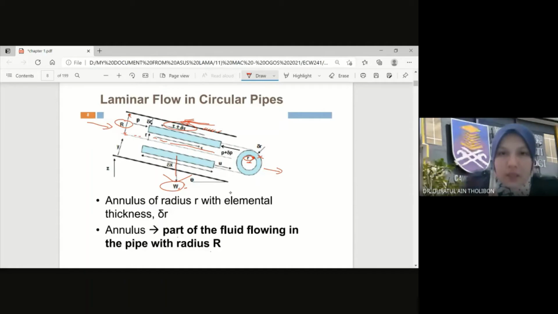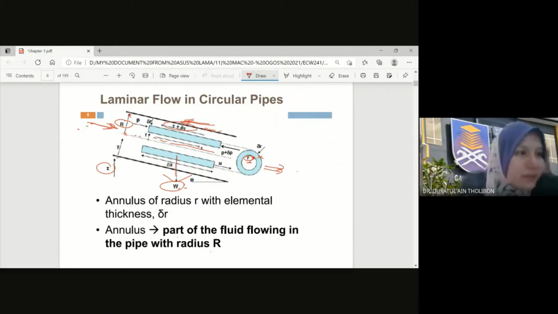And then we also have some elevation. Elevation is basically kalau pipe tu kita memang akan design dia macam ada satu slope. So slope ni akan encourage the flowing of the water by gravitational force.